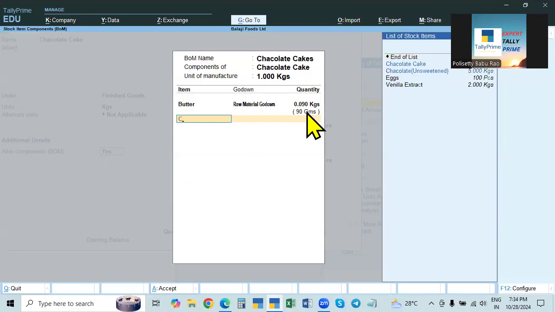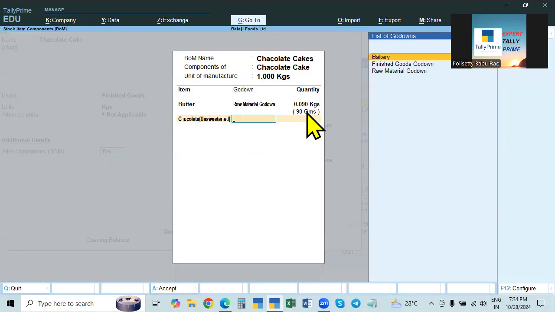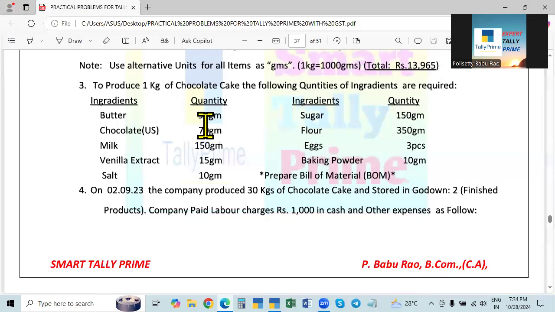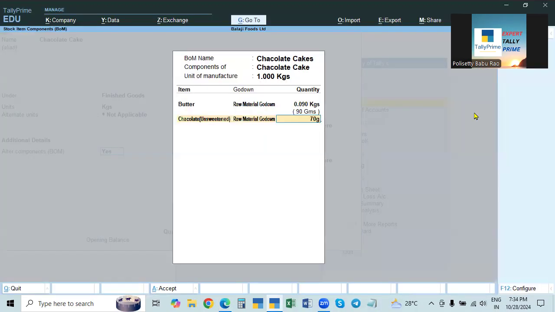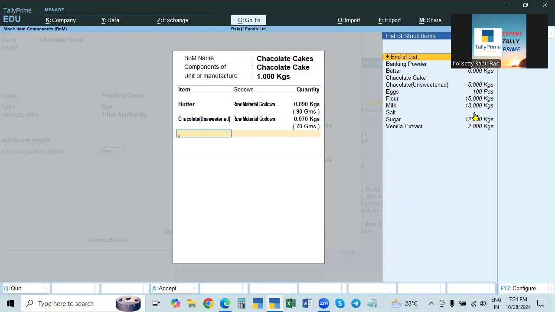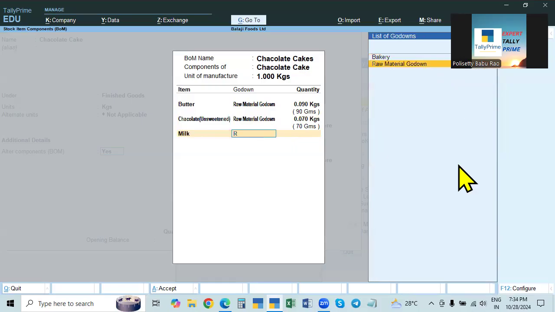Next, chocolate, unsweetened, raw material go down, and the requirement is 70 grams. 70 G, don't forget that. If you do 70, it will take 70 kg, so use 70 grams. The next one is milk. Take milk, raw material go down.